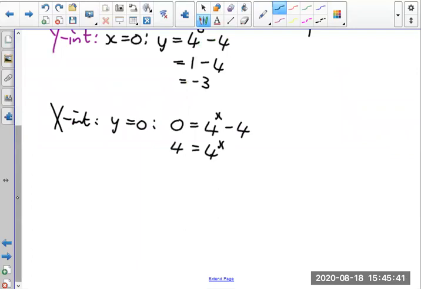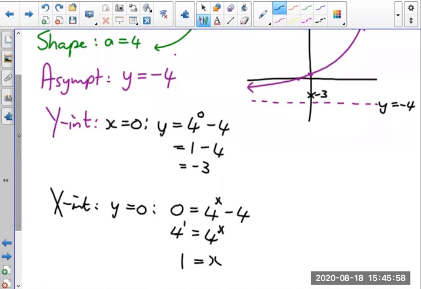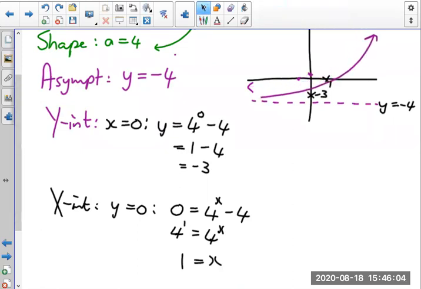The bases must be the same, then the exponents will be the same. Now I have the same bases, so therefore the exponents will be the same. So my x-intercept will be 1. So now I can draw my, let's draw a new one.